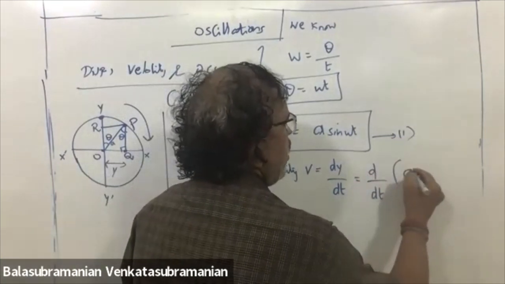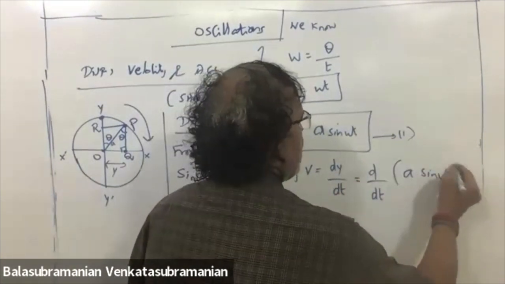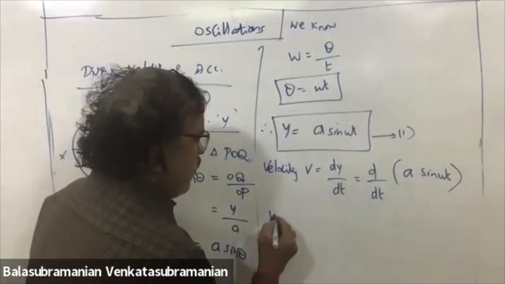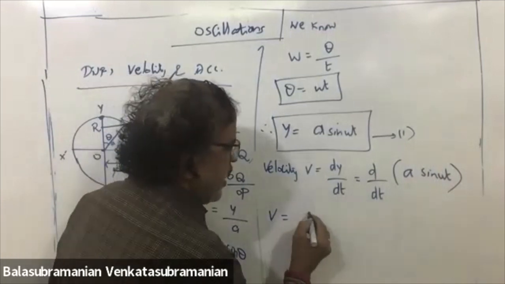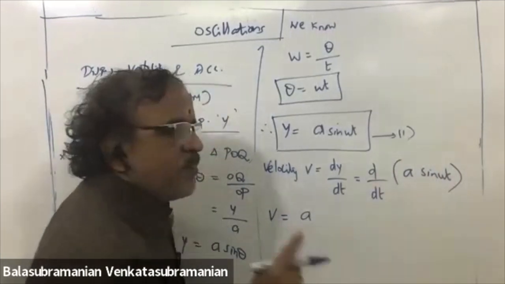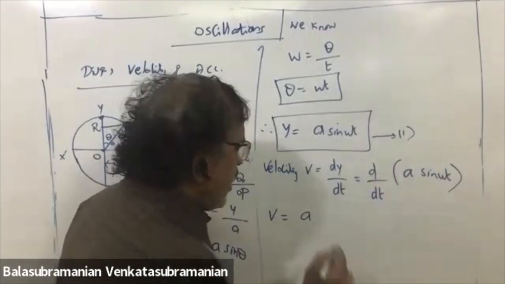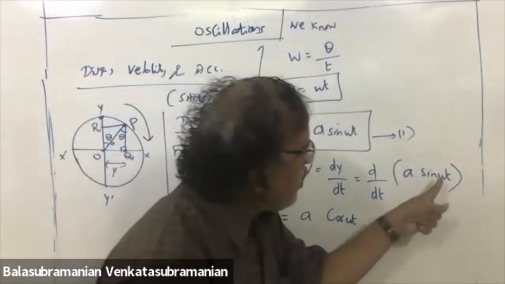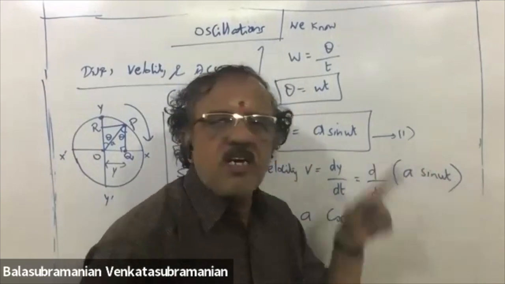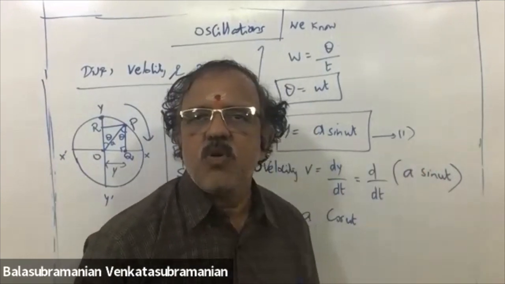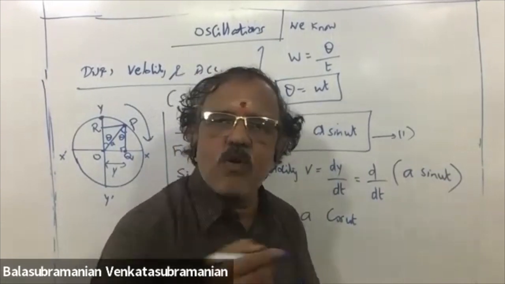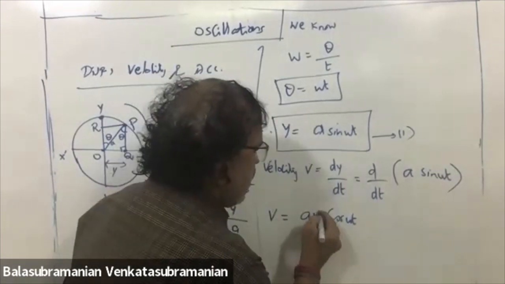What is y? A sin omega t. So V is equal to, take A outside. Differentiation of sin omega t is cos omega t. Omega is a constant, t is the variable here. So when you differentiate omega t, you will get omega.